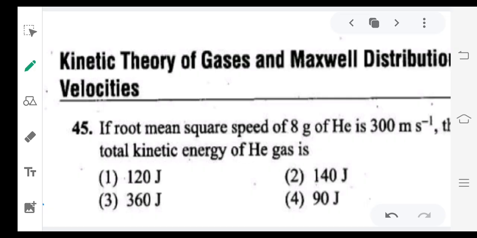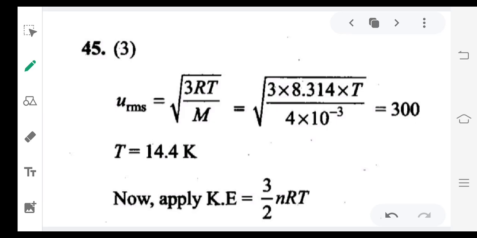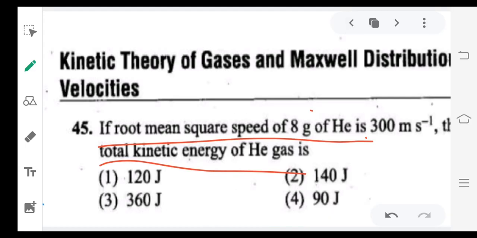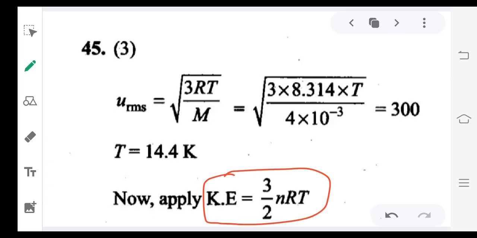Next, if root mean square speed of 8 grams of helium is 300 meter per second, then the total kinetic energy of helium gas is. So RMS velocity is given, and they are asking kinetic energy of the helium gas. What is the kinetic energy formula? Kinetic energy is 3 by 2 nRT. So we need a T value here, and the n value is indirectly given: 8 grams of helium means n equals 8 by 4, that equals 2 moles.